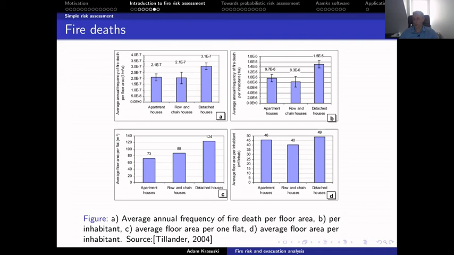Because here we have the statistics related to the average, let's say, average statistical building. And the average statistical educational building probably has some safety measures, so efficient that there is no death in the period analyzed by this author.